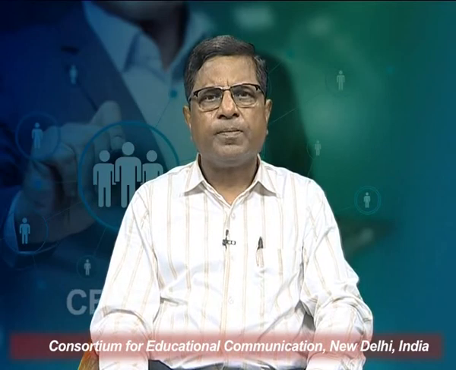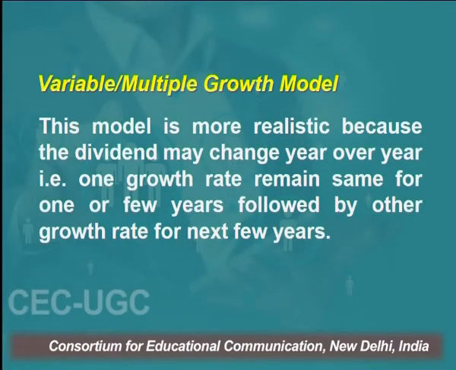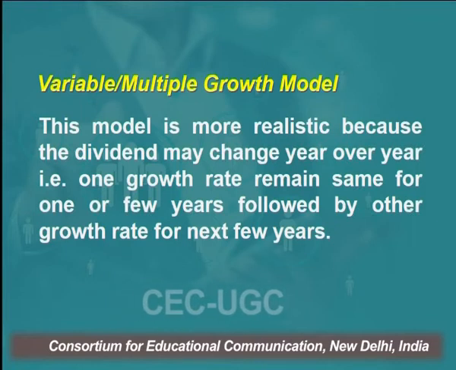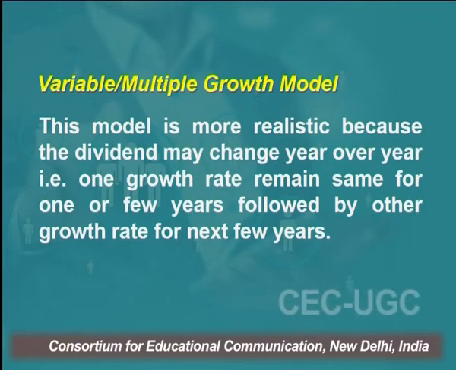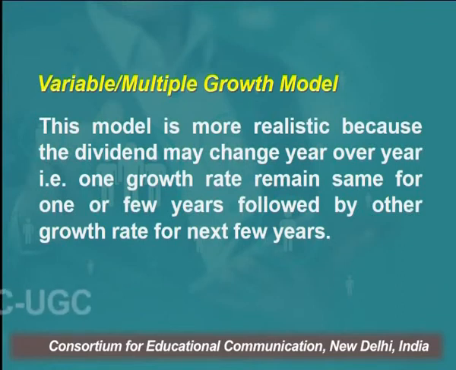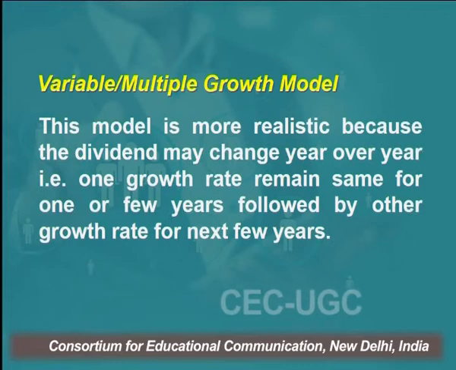But still the amount of dividend keeps on varying. As the rate of growth of the company increases, so does the rate of growth of the dividend. So this model is more realistic because the dividend may change year over year, that is, one growth rate remains the same for one or a few years, followed by another growth rate for the next few years, right? So we keep on changing.